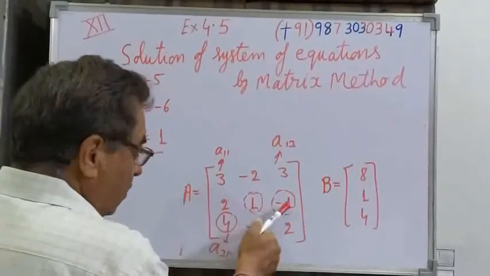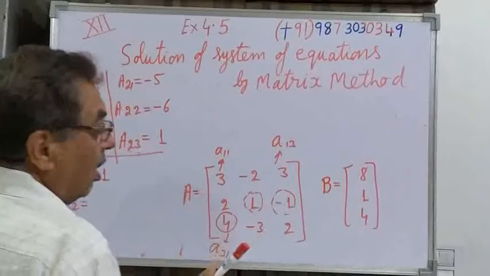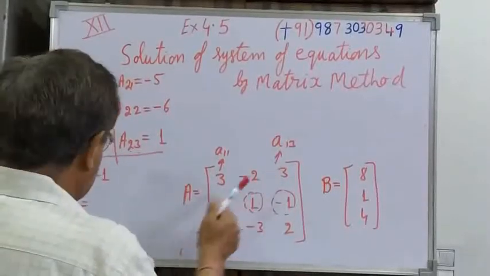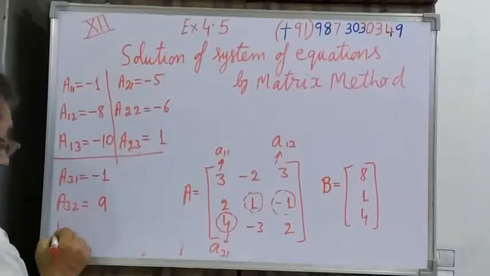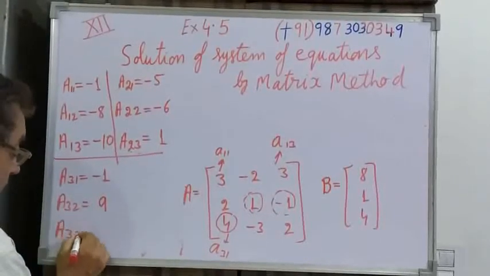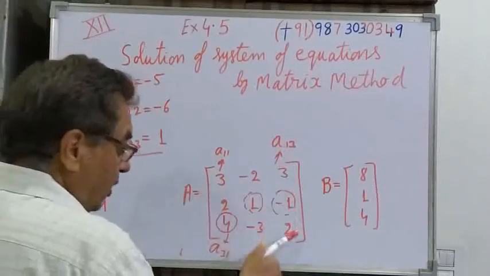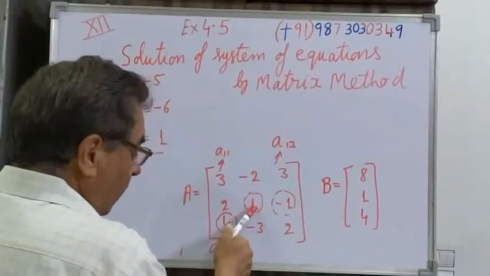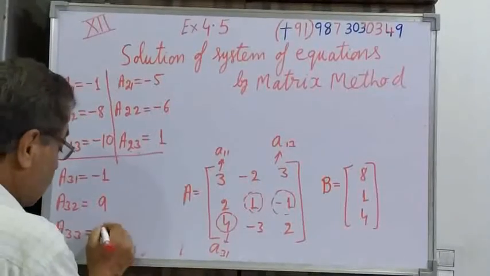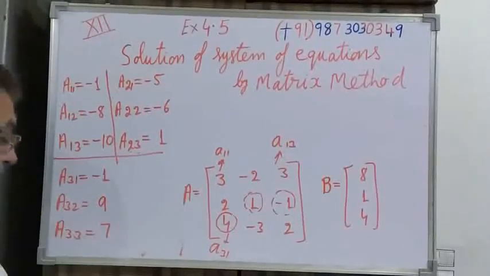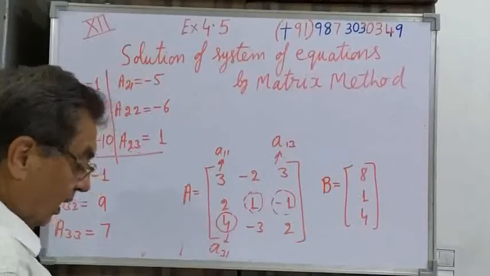Now 3 minus 3, 3 minus 1, minus 3 and minus 6, minus 9, and since it lies on an odd place, we put plus 9. Then A33, this one, 3 ones are 3 and plus 4, 7. So we get minus 1, 9 and 7.